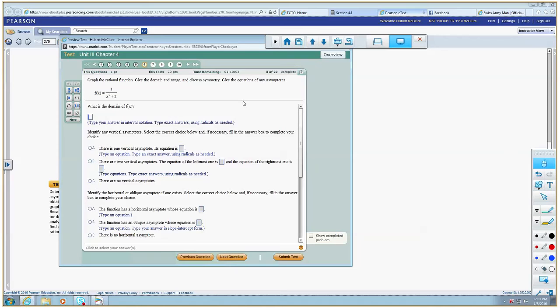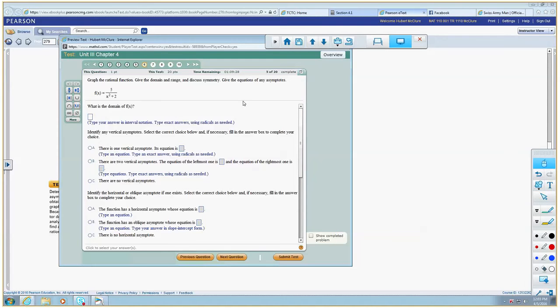So then you're adding to what? In the denominator, what are you adding? You're adding two what numbers? No, you said one of them makes everything positive. So that x squared is positive. What is the 2? Positive. So you're adding two positive numbers on the bottom. So what's going to affect that? Nothing. So what is the domain? All real numbers. There is no vertical asymptote.